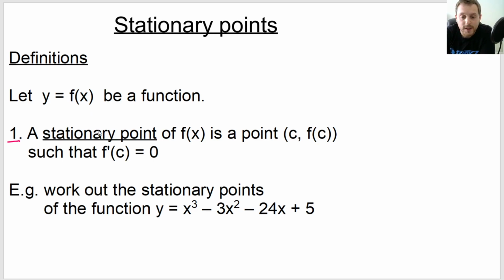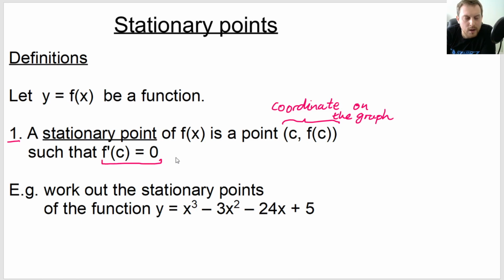A stationary point of f of x is some point, so it's a coordinate that's on the graph, where when you work out the derivative at this point, where you work out the gradient at this point, so there are two words that mean the same thing, you get 0. So it's any point where the gradient at that point is 0.